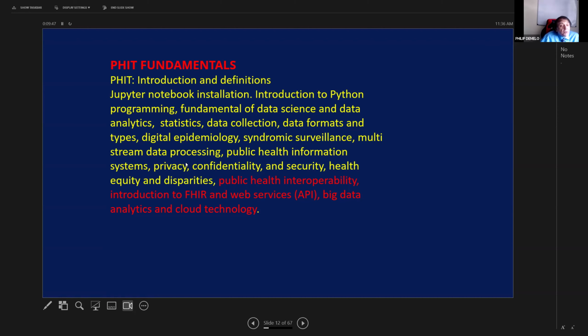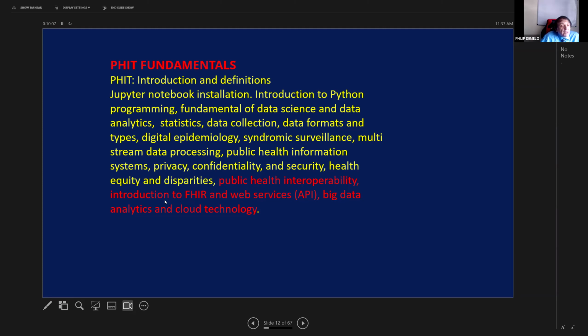And basically, we had so many working professionals ask us to focus on data extraction from different sources and data exchange. So we taught them public health interoperability.